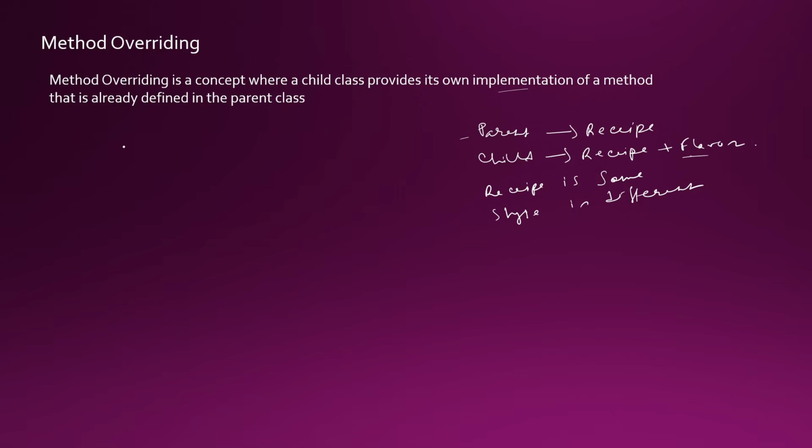So in a programming language, suppose this is my parent class. Now here I am defining one method, suppose show, and I'm printing A, B, C. Now I'm creating my child class, inheriting the properties from my parent class.